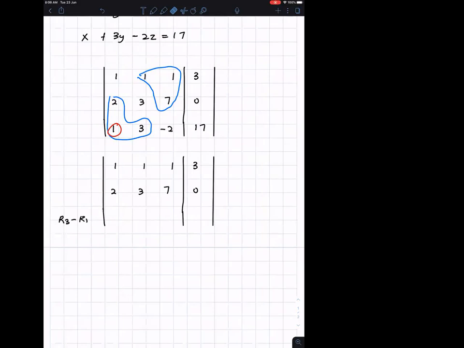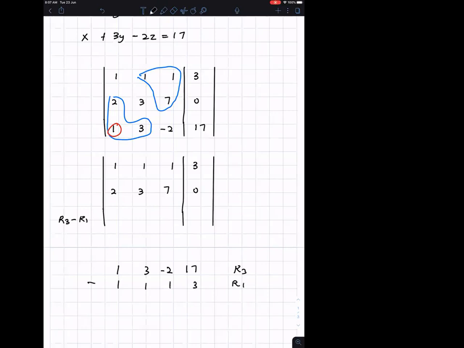If you have a problem doing this in your mind, then you can write it down. Row 3 is 1, 3, minus 2, 17. Then you subtract row 1: 1, 1, 1, 3.